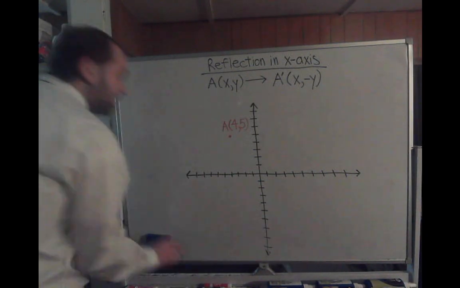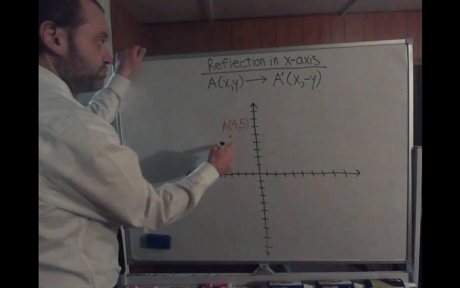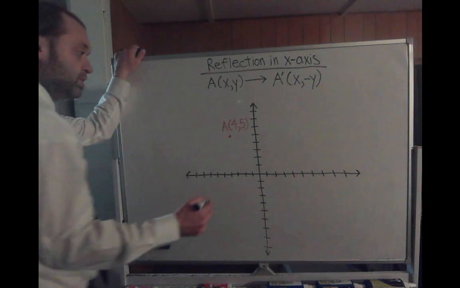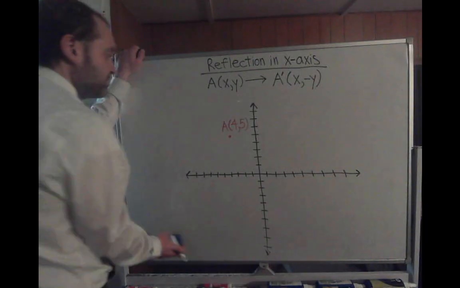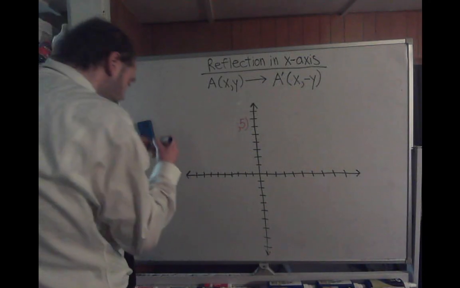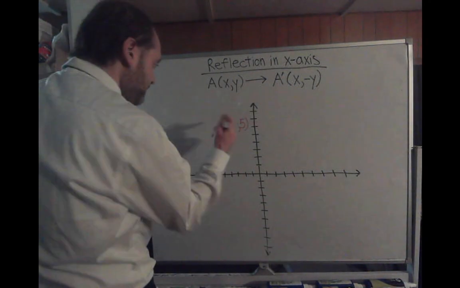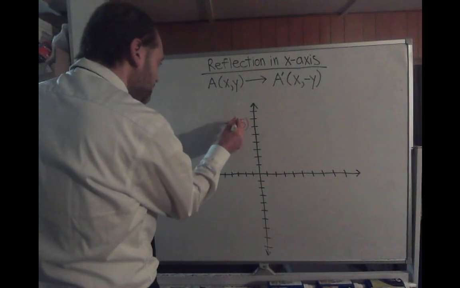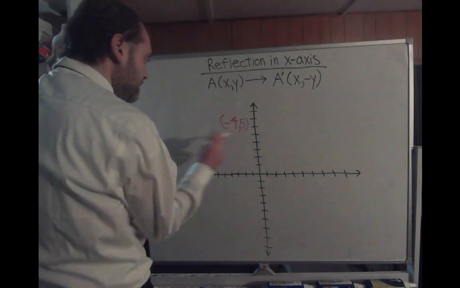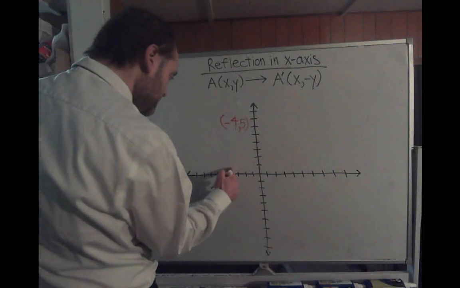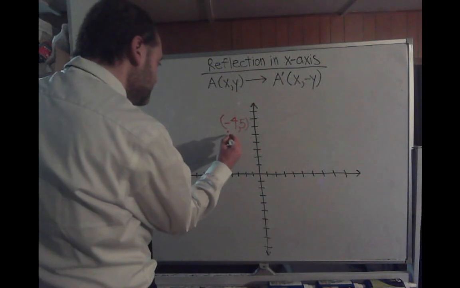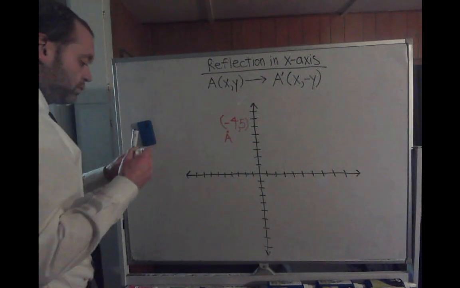So if I want to find A prime, which would be the reflection in the x-axis of point A, actually that's negative 4, 5, excuse me, I had it wrong. There's A at negative 4, 5.